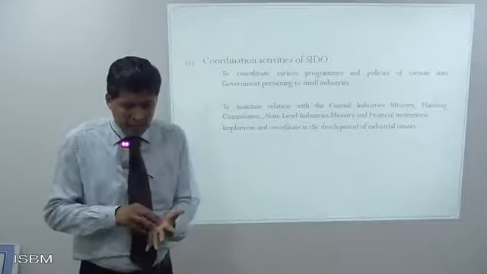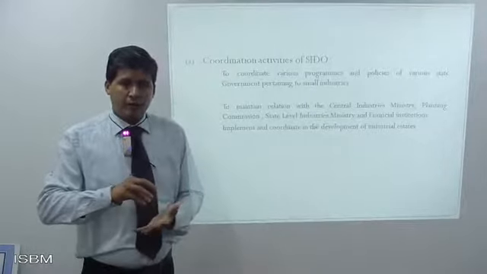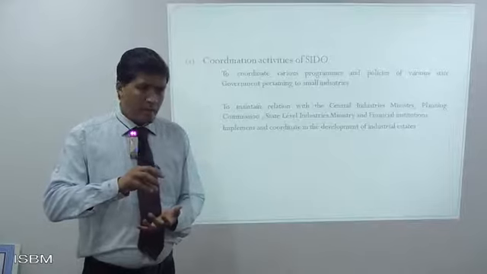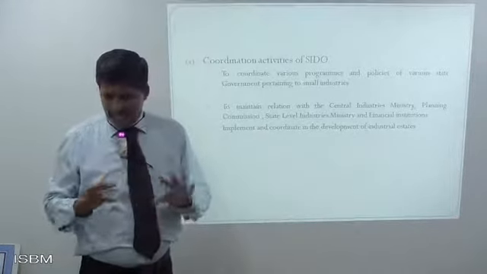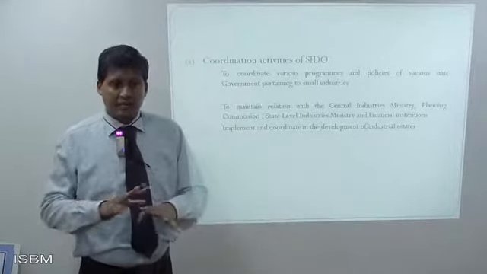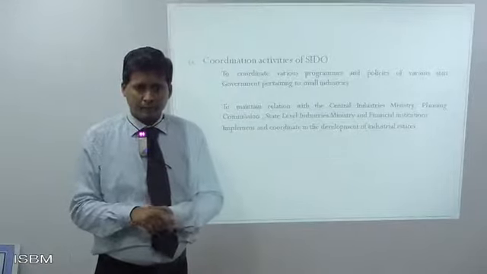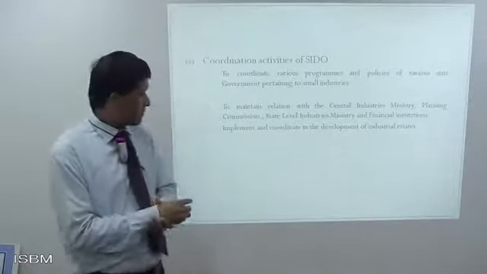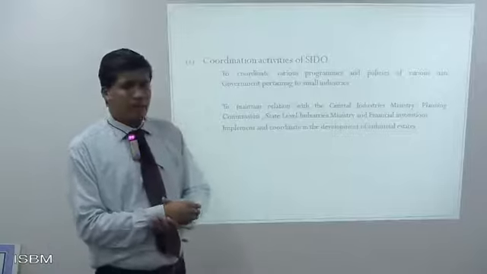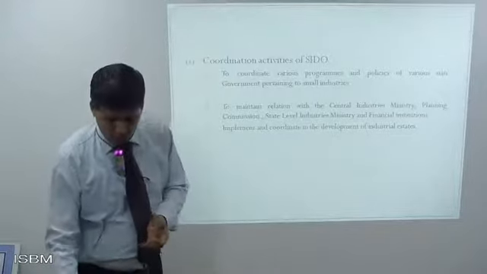So it's a kind of body that manages central, state, and district financial institutions. They connect with all as well. So a good facilitating role. Implement and coordinate the development of industrial estates as well.